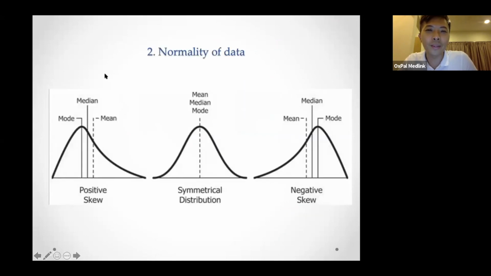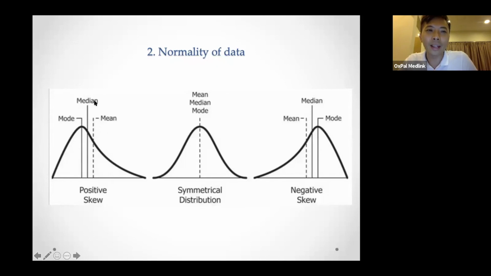Okay, great. The second assumption is the normality of data. As you can see here, there's only one distribution that's normal, which is the center one. It must be symmetric, and that is normality.